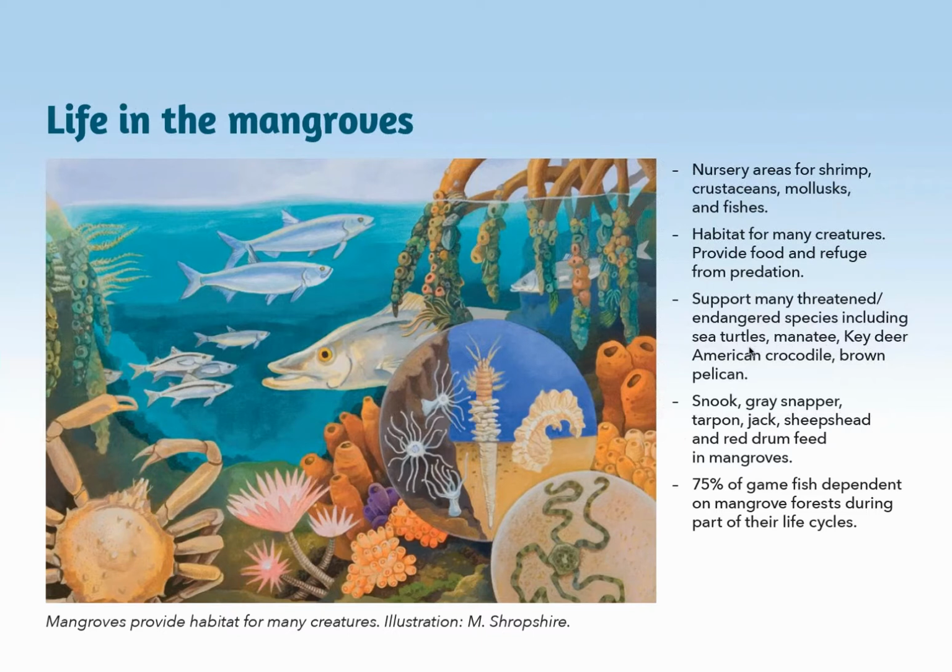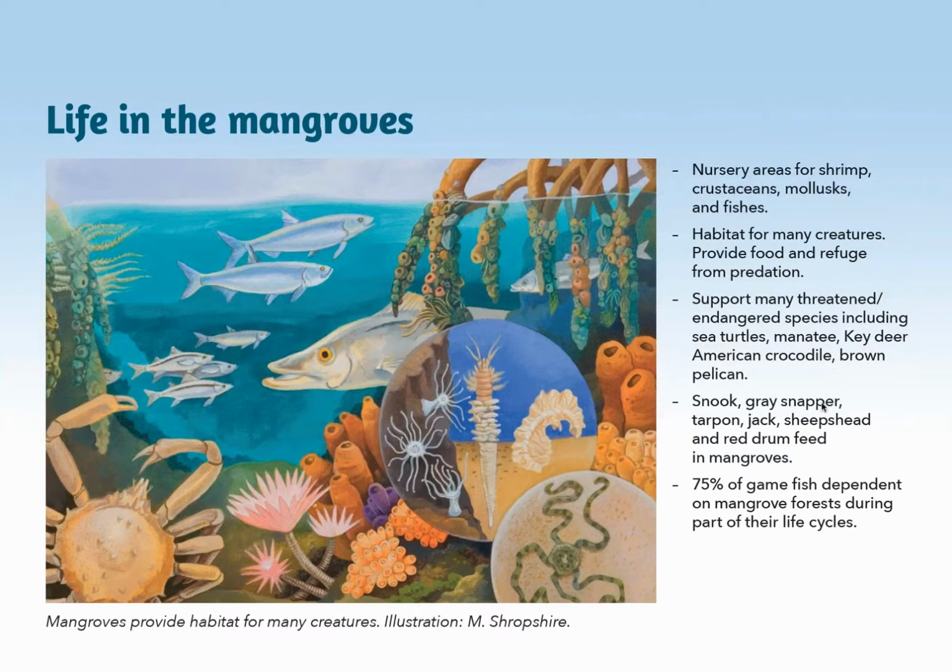So like sea turtles spend part of their life in mangroves. There's also manatees that use this to feed on. I've seen manatees actually eat the leaves from red mangrove. The key deer down on the Florida Keys uses this habitat, as does the American crocodile and birds. The brown pelican is one, but other birds use this also.